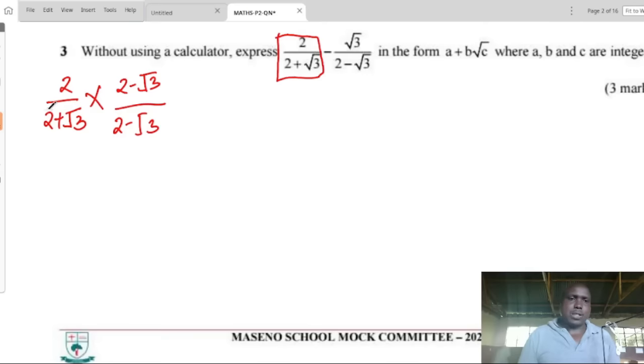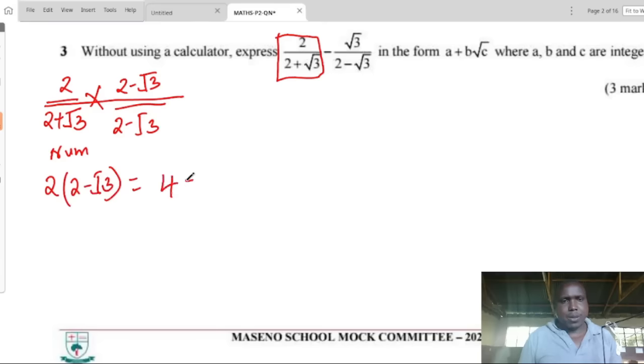Now the numerator we will multiply 2 times this. So in the numerator we will have 2 times 2 minus root 3, and this one will give us 4 minus 2 root 3.